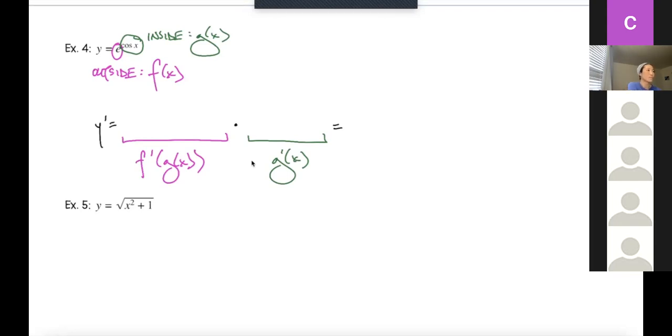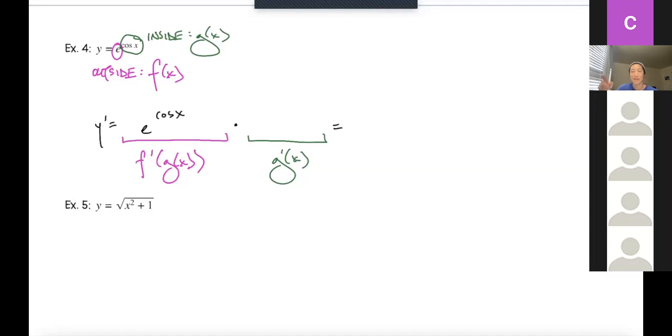What do we get when we take the derivative of e to a power? The derivative of e to something gives us the same thing, okay? So we'll get e to the cosine x, all right?